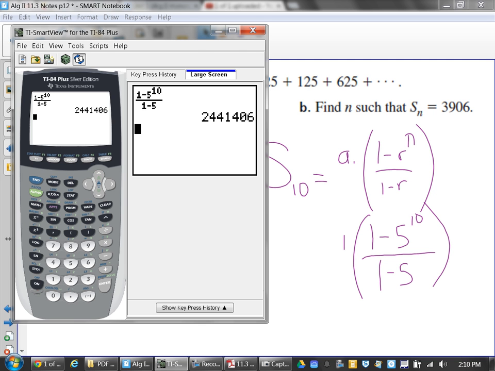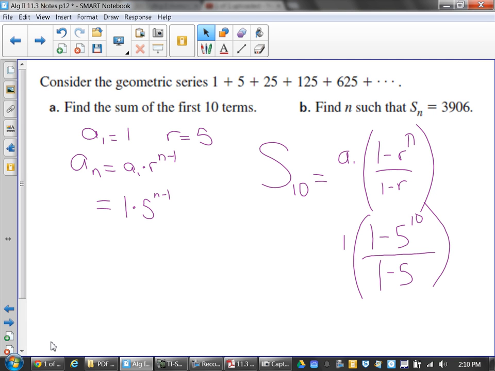All right. So what this just said was the sum of the first 10 numbers in the sequence is a really big number, 2 million and something. Okay.